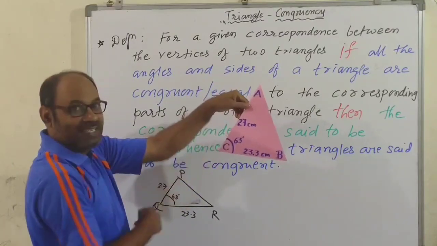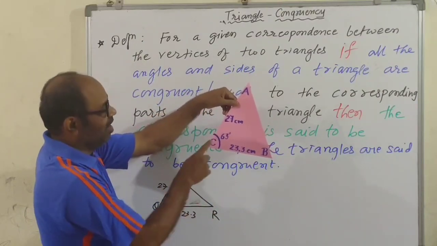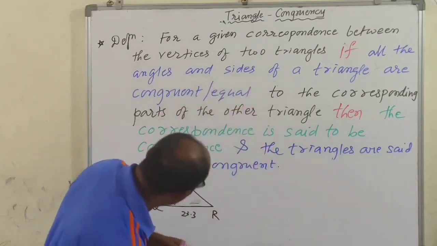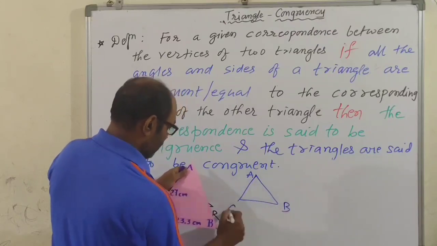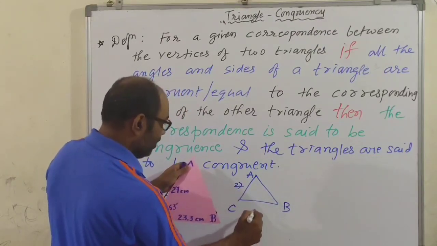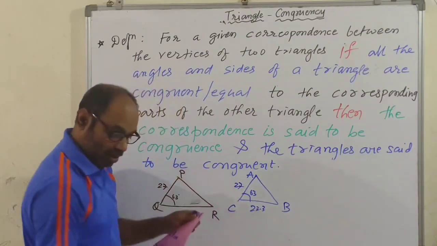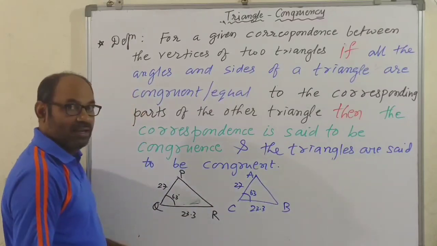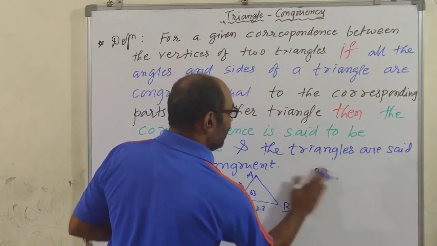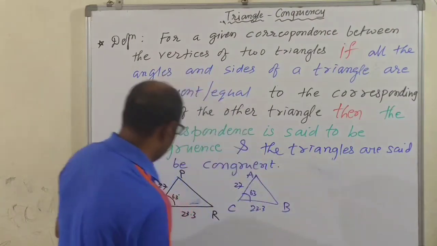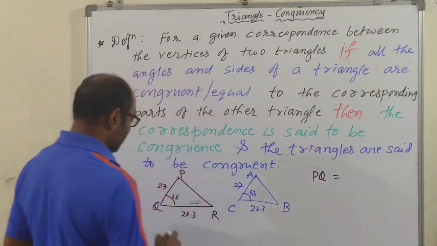Can you see AC is 27, like here, BC is 23.3, like here, and angle C is 63 degree. Let me draw it here. This is triangle ABC. This is 27, this is 63, and this is 23.3. Alright? Now children, between these 2 triangles, what you have? For black triangle, I'll write in black. PQ is equal to AC.